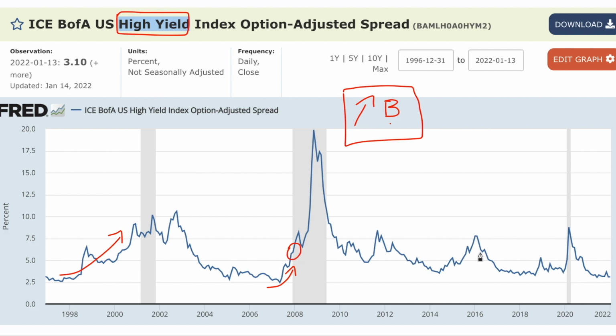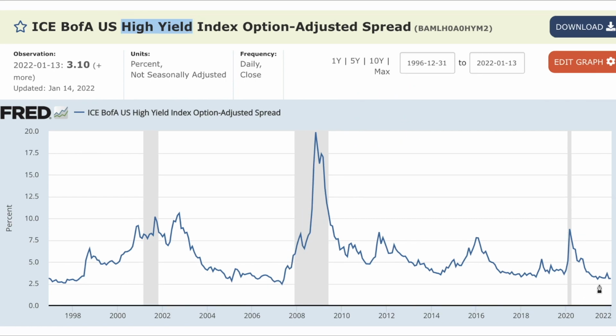You're not going to get a Lehman collapse when bond spreads are extremely low. You get a Lehman collapse when you've got bond spreads already pricing in part of that macro environment that's favorable to an increased chance of bankruptcies. Now, if you take a look at where we are here in 2022, we have not seen bond spreads widening. So the market is not pricing in tighter monetary conditions. It's actually pricing in very easy monetary conditions for now.